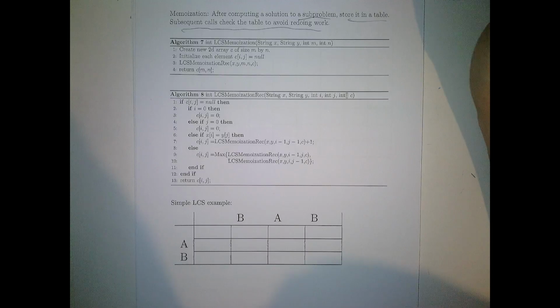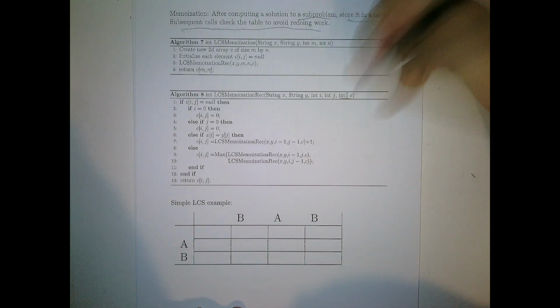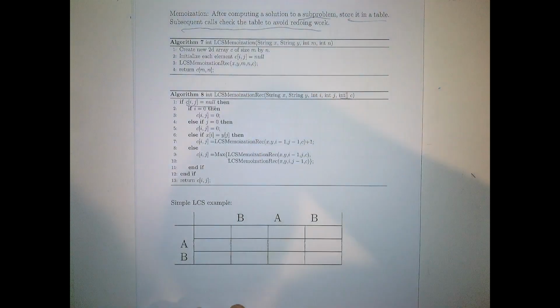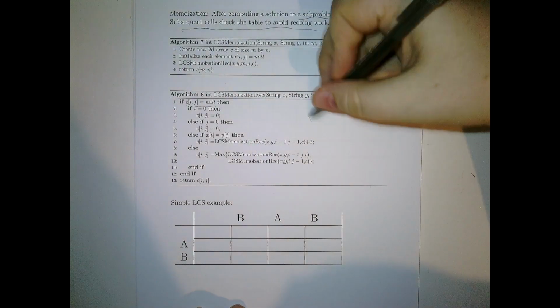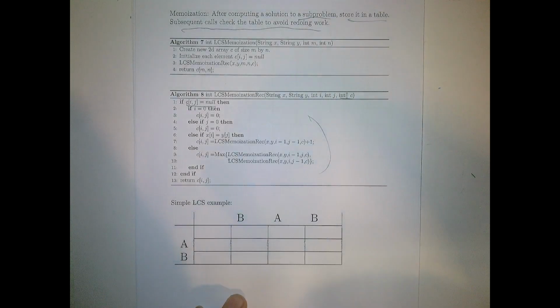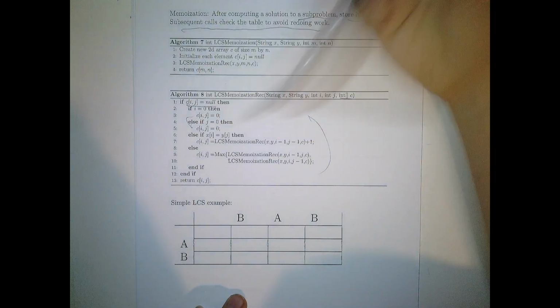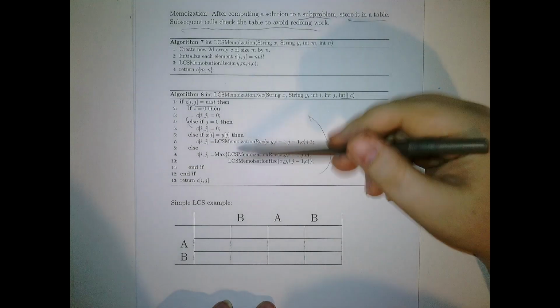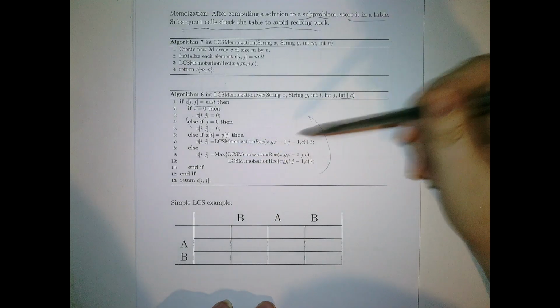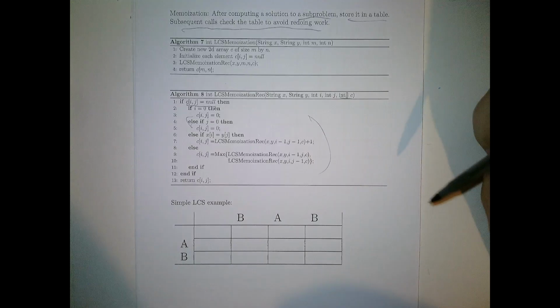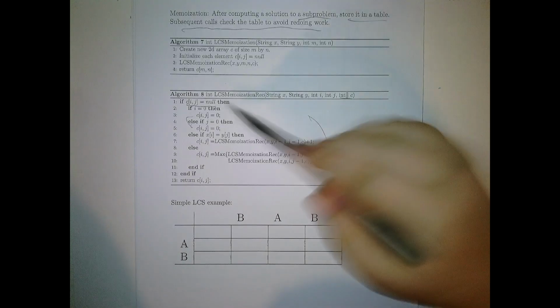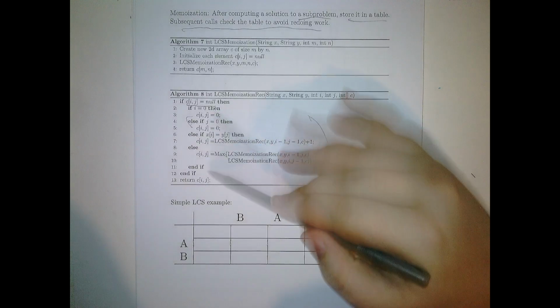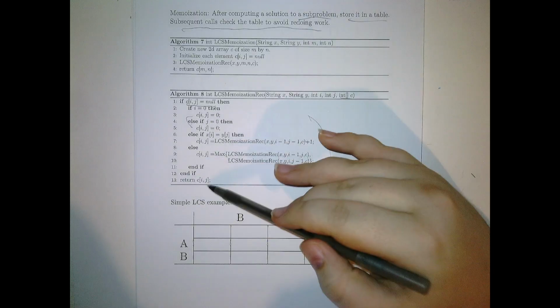I'm going to store my results in a table C, and if C[i][j] is null, then I do the work from the previous page. This is basically just the code from the previous page. I split this off into two cases for some reason, but it doesn't matter, it's still the same work. It's base cases plus these two recursive calls, which correspond to either match or no match. Then I fill in C[i][j] there and return it.